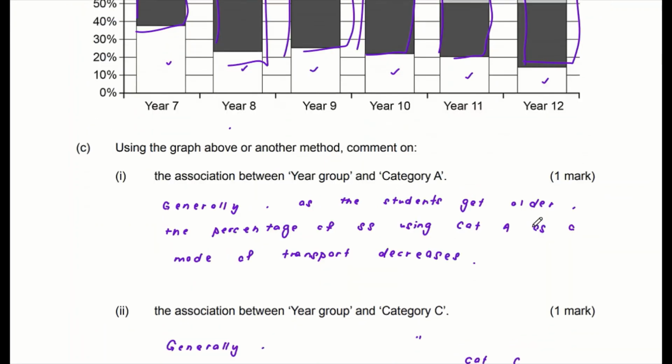So the way that you can write is, as category A decreases, category B and C increase. The other way is okay as well. It's the same thing if you write, if category A increases, category B and C decrease.